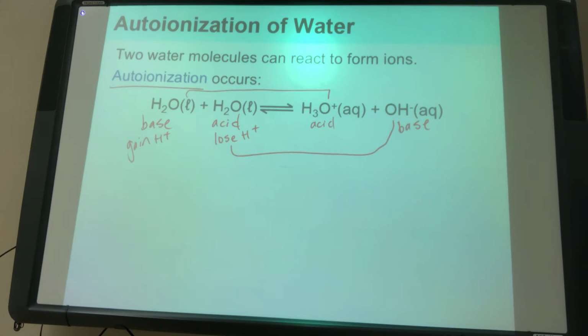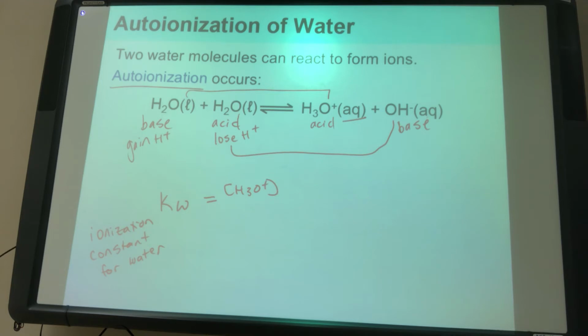Now, just like that, we can also write our ionization constant. But since this is water, it's not the ionization constant for an acid, because there's no real acid here. This is the ionization constant for water. So now this would be Kw. How do we write the Kw? Products over reactants. Here's one of my products, it's aqueous, so it counts.